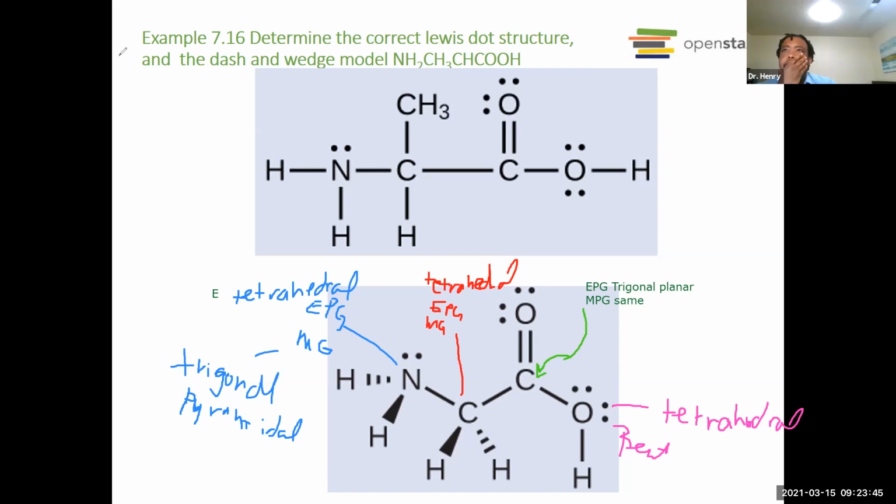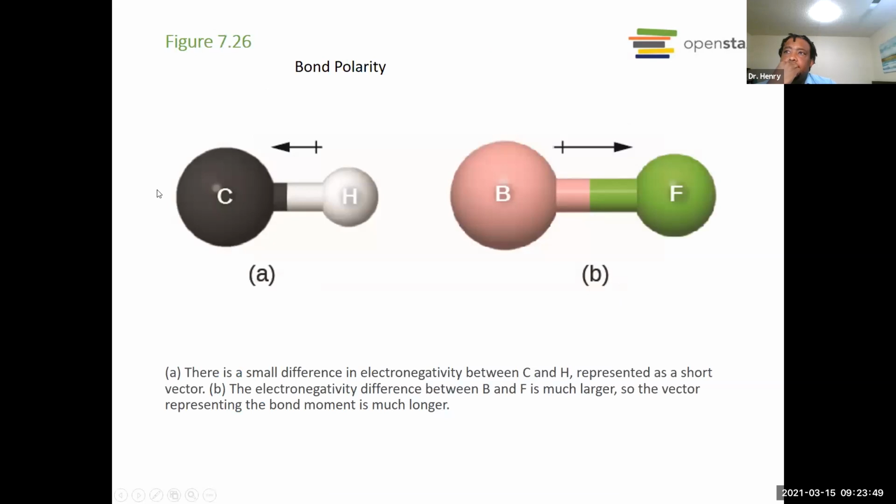Okay, so the last thing that we're going to be talking about is polarity. Bond polarity is just the polarity between two bonds. In the case of carbon and hydrogen, there's a small difference in bond polarity, but it doesn't make enough of a difference to cause the electronegativity to be an issue.